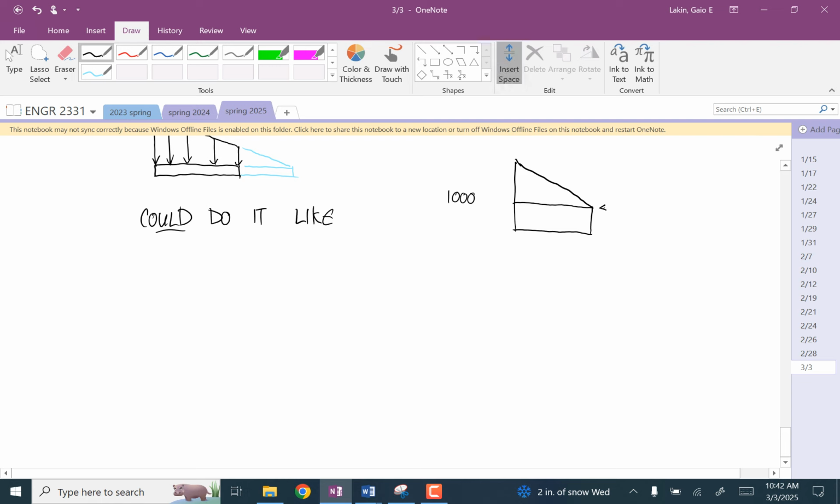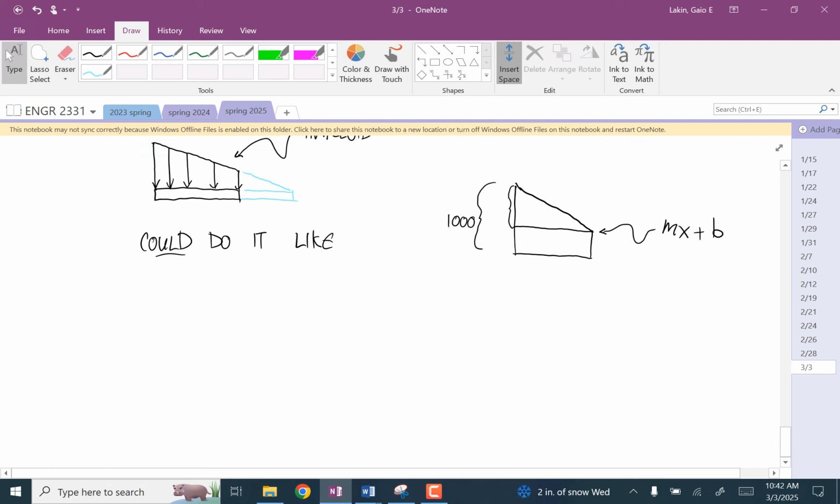Over here, it has a height of mx plus b, where you just have to come up with the equation for that line. Okay. So this whole thing is 1,000. That means the height of this triangle is mx plus b minus 1,000. So it's not impossible.